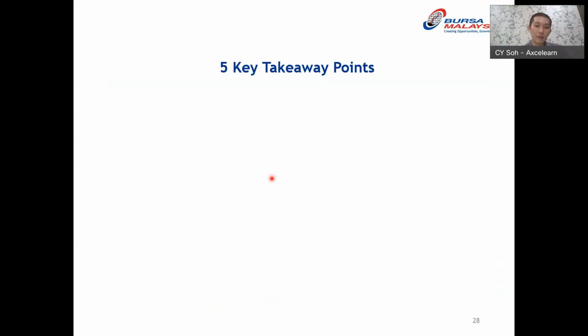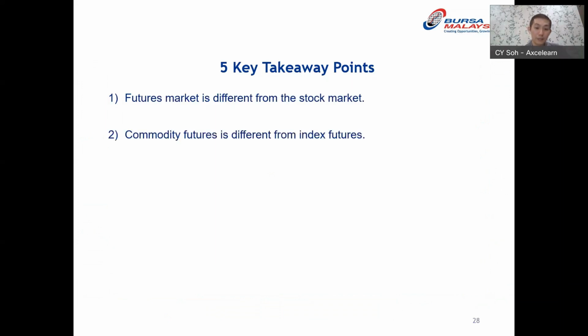Now, let me sum up the 5 things that you need to know for today. Number one, the futures market is completely different from the stock market because the mechanism is very different. Number two, commodity futures is different from index futures. FCPO and FKLI are very different things. Number three, if you want to diversify, the best diversification is having low correlation assets or products, which is why you do not want to keep diversifying through stocks anymore.